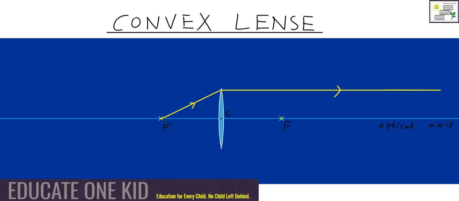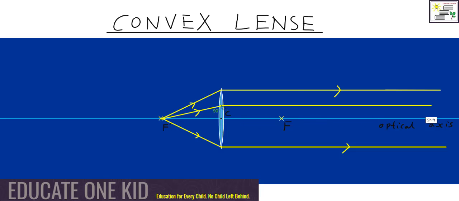Similarly, if we had a ray traveling like this, it would also be bent by the lens and travel once again parallel to the axis. Okay, so all rays, let me draw one more here, all rays that travel through the secondary focus and reach the lens will end up traveling parallel to the optical axis, like this.